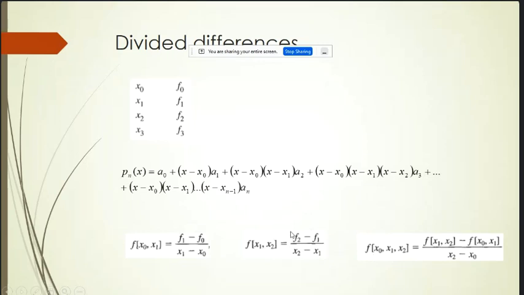And we can define the divided difference of 3 points, x0, x1, and x2.